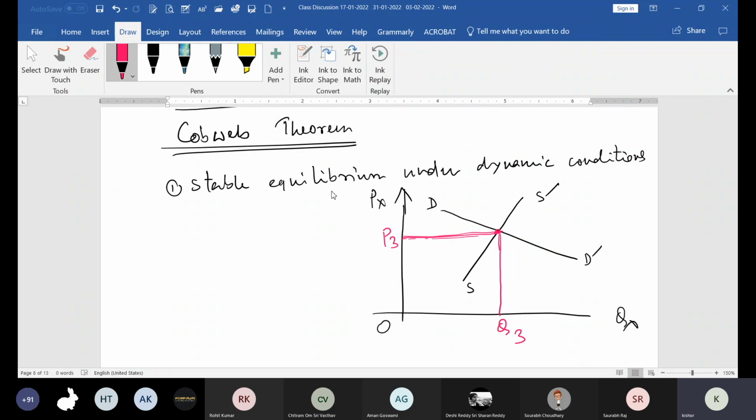Now today, because of some factor, price went up to say P6. Price went up to P6 because of some factor today in market, at today means suppose at time period T. So when price went up, immediately quantity demanded will be represented by demand curve.